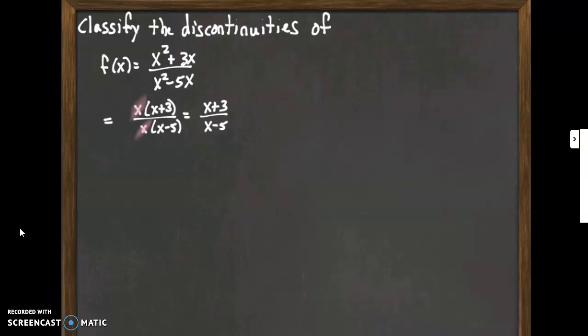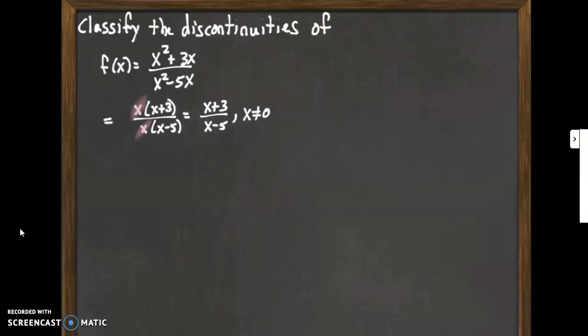What I've just written is technically not an equality. It's an equality everywhere except when x is 0. Because when x is 0, that's 0 divided by 0. And I can't compute that. Whereas x plus 3 over x minus 5, I could plug a 0 in for x. No problem. So to be fully correct, we really do need to say, comma, except when x is 0.